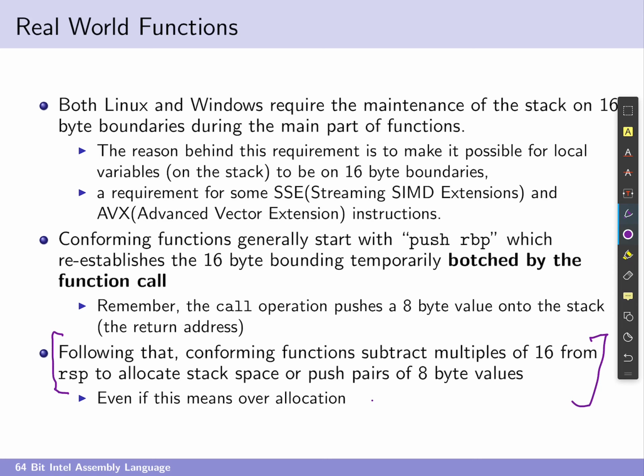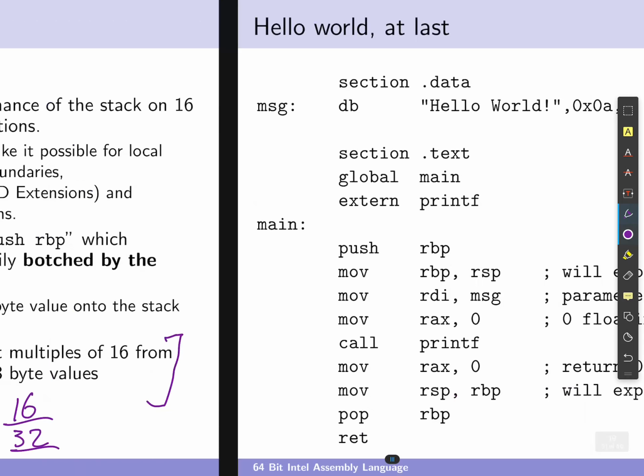So if I only have 4 bytes that I need to allocate, then I need to subtract 16 to ensure I'm on a 16-byte boundary. Say I needed to only use 27 bytes, then I would need to subtract 32, and the same thing proceeds the whole way up. You round up to the nearest 16. And we'll see this with all the examples going forward, that we either allocate precisely if it works out, but most often we end up over allocating to ensure we get that 16-byte alignment.